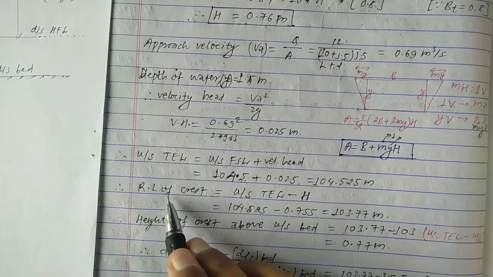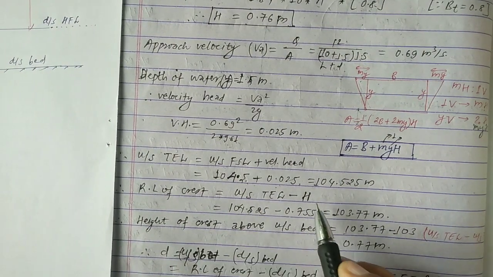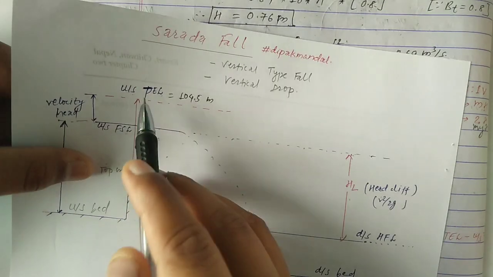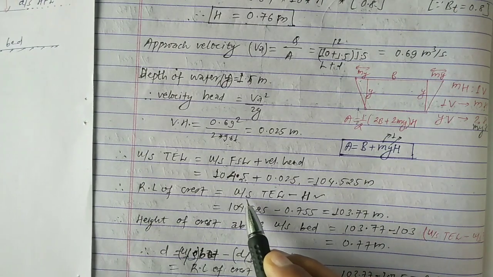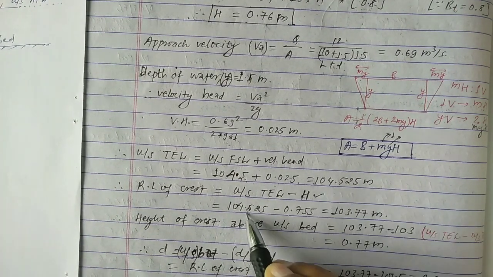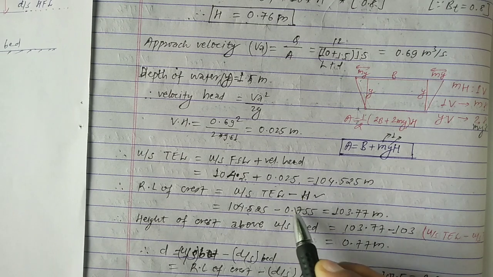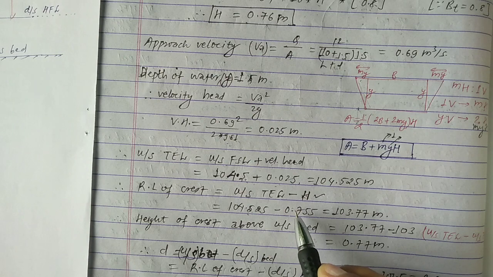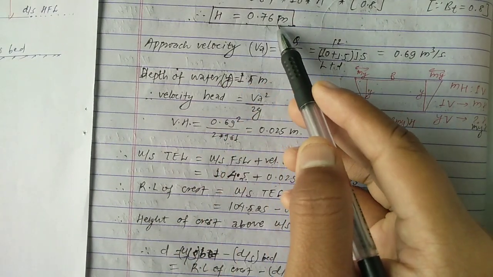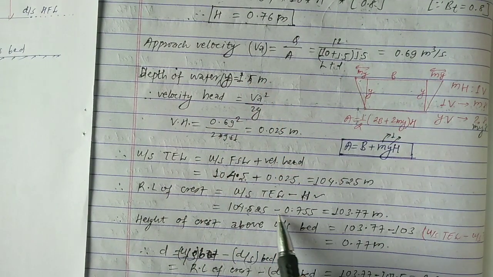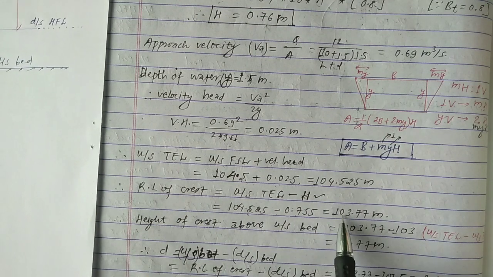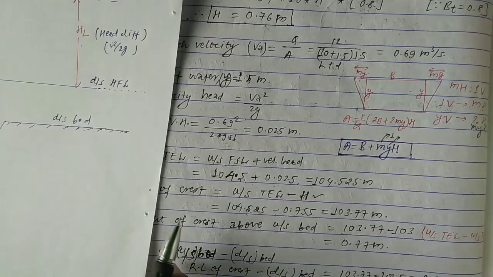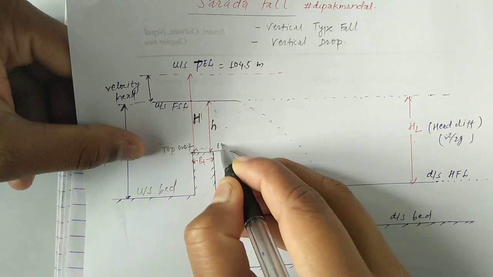That's why, for the RL of crest, we have to subtract the value of H from the upstream total energy line. We have calculated the upstream total energy line as 104.5, minus the value of H, which we already calculated as 0.75 or 0.76. Then the RL of crest becomes 103.7. You can simply write here 103.7.